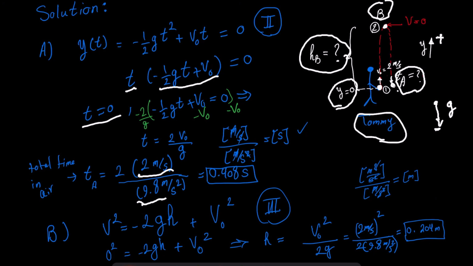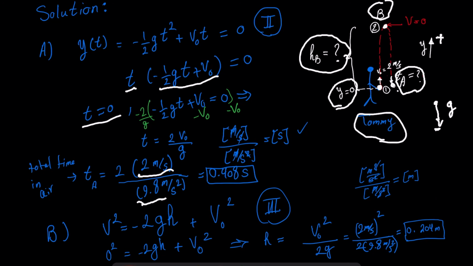So on the way up, acceleration is pointing down, always gravity, and the velocity keeps getting smaller because acceleration is going against velocity. The object slows down until v equals zero at the very top.